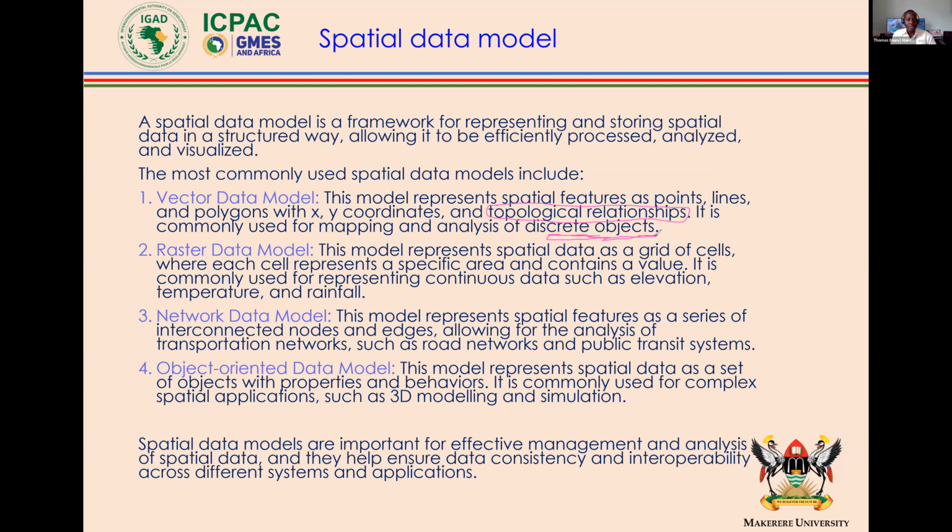The second one is a raster data model. This is a model that represents spatial data as a grid of cells, whereby each cell represents a specific area. Each cell. So let's say you have a grid of cells. I'm going to make a quick grid of cells here. What I mean by a cell is this single unit. Sometimes people call it a pixel. So we have 1, 2, 3, 4, and 5 cells.